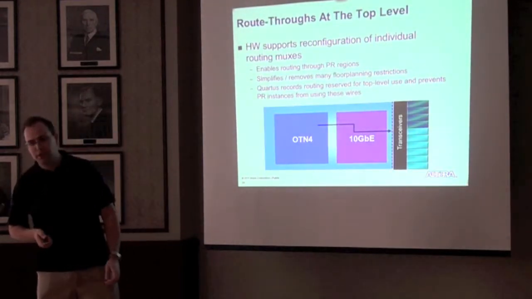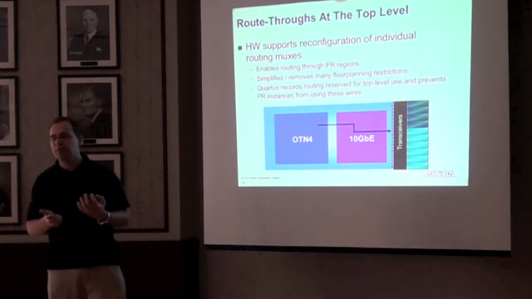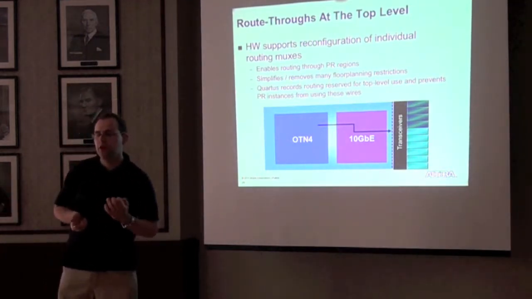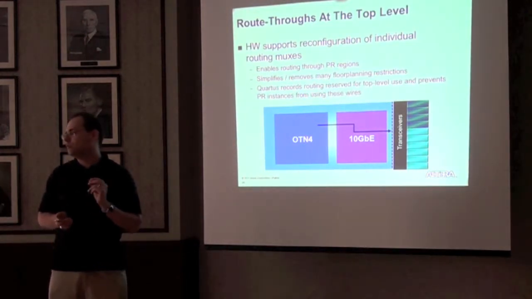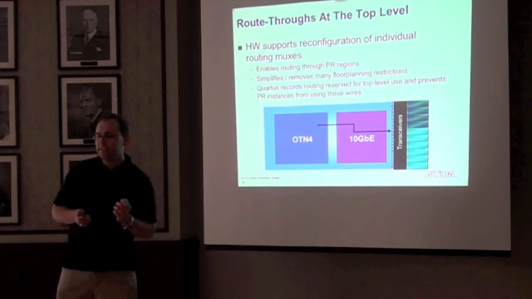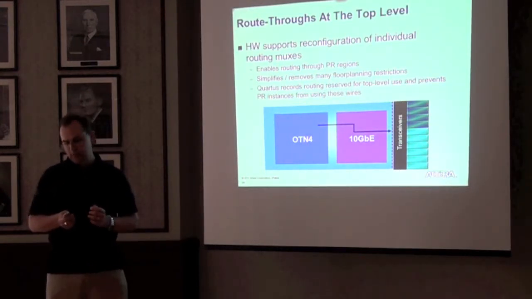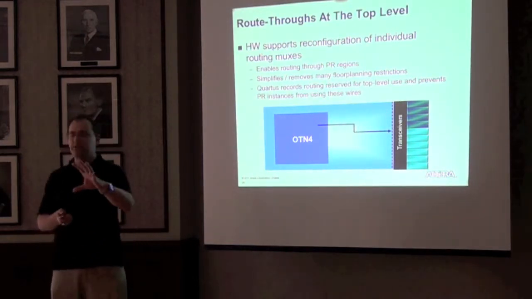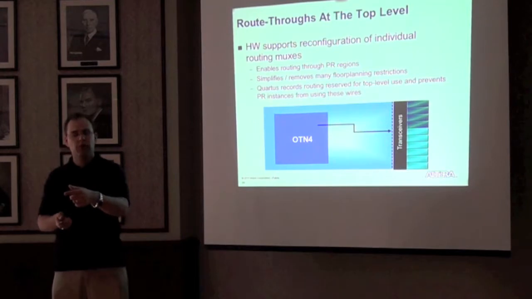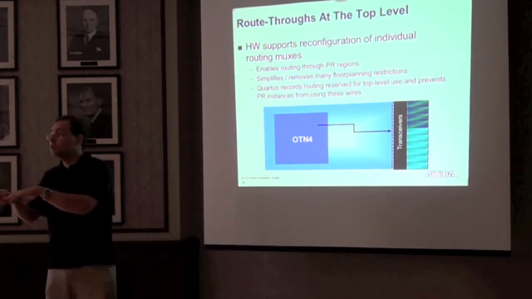So going back to the question about route-throughs: I have a floor plan, perhaps it's pretty complicated, how are we going to deal with this? Our hardware supports the reconfiguration of individual routing muxes. This enables route-through of the PR regions automatically, and this simplifies many floor planning restrictions. So what happens is that the base compile wants to talk to the transceivers, and it goes ahead and uses whatever routing resources it wants to.